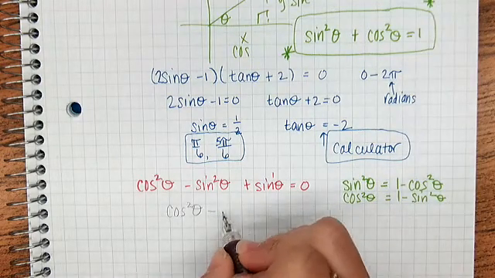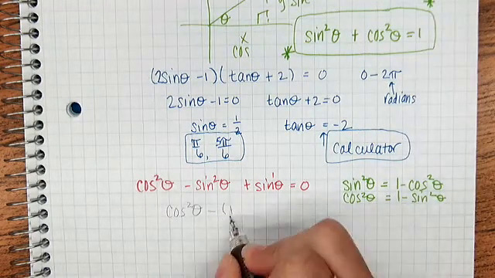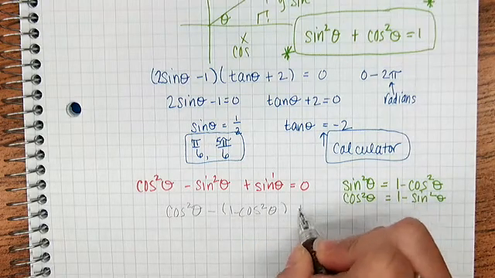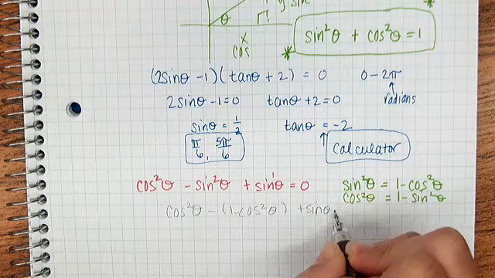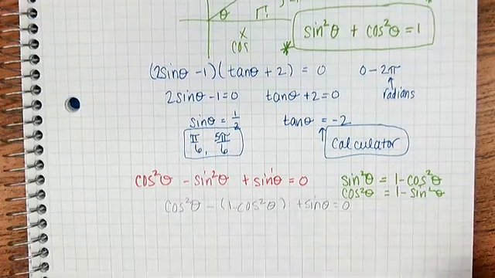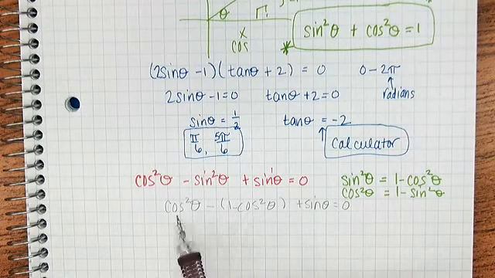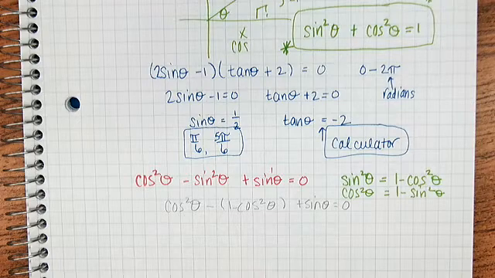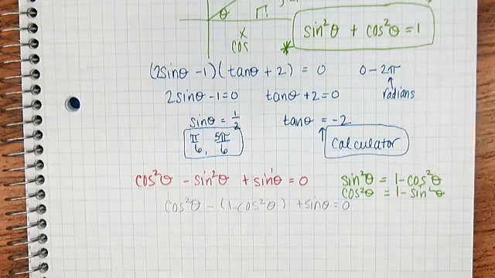Sine squared is 1 minus cosine squared. Well, this is going to give you 2 cosine squared when you distribute. And then you have a sine, and that doesn't help me. What I need to do is get the equation written with one function.